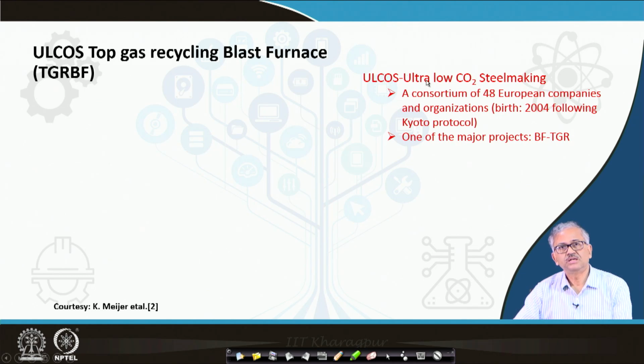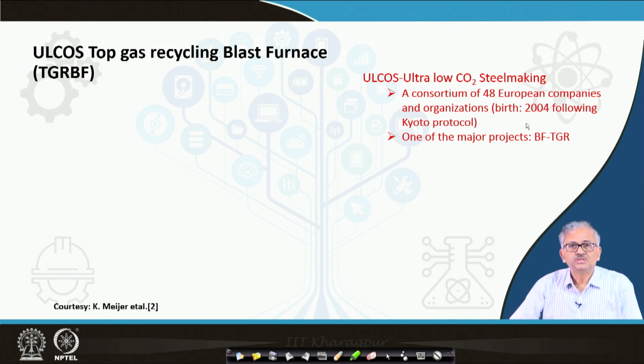ULCOS is nothing but ultra low CO2 steel making, a consortium of 48 European companies and organizations, and it was born in 2004 following the Kyoto Protocol. The Kyoto Protocol came up around 1996 to 2000, and then came into action in 2005 or 6, somewhat like that.